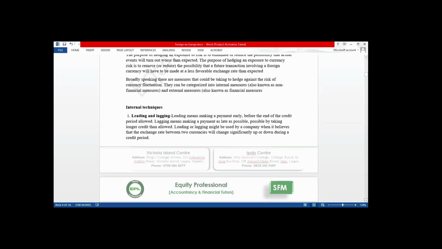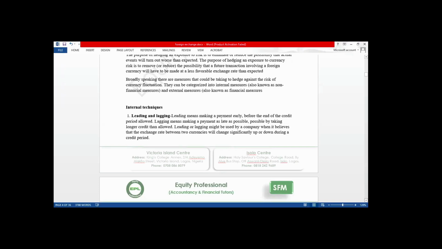Under the internal measures, we have leading and lagging. Leading simply means making payments early, before the end of the credit period.